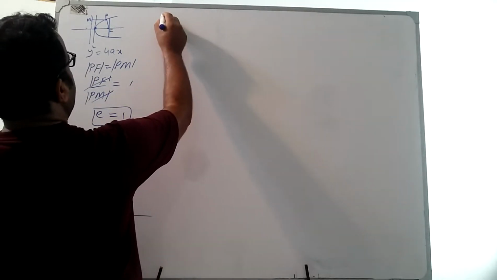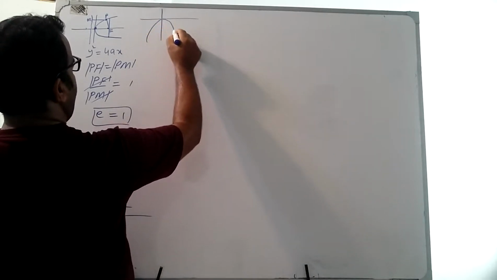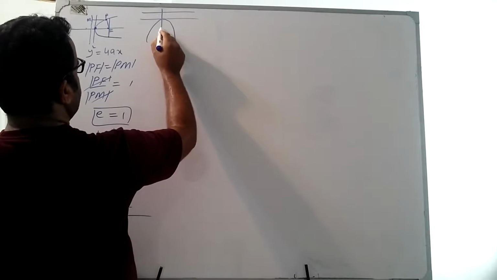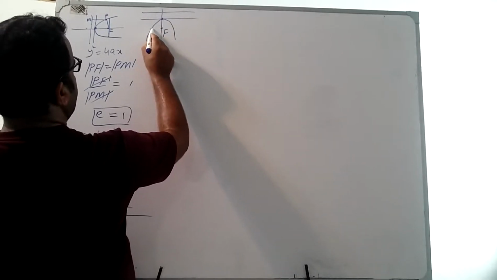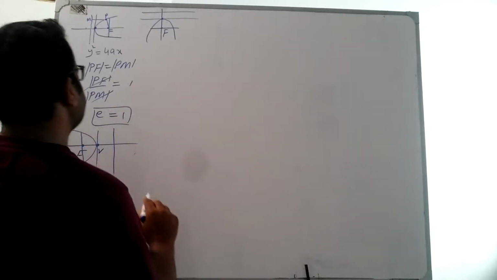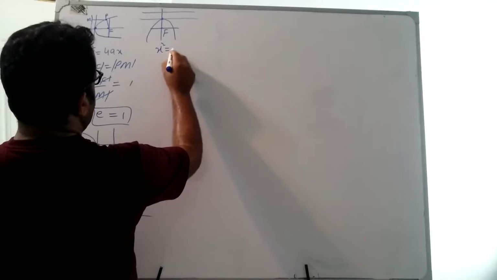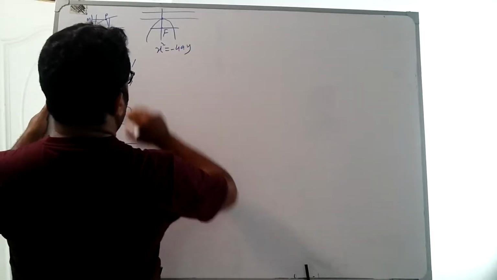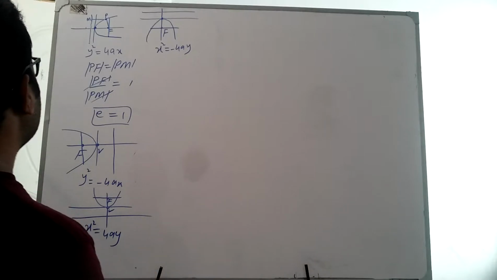If the parabola is opening downward, just like this, this is the directrix, this is the focus, this is the vertex, and this is the length of latus rectum. In this case, the equation is x square is equal to minus 4ay. So these are the four figures when their axis of symmetry is the x-axis or y-axis.